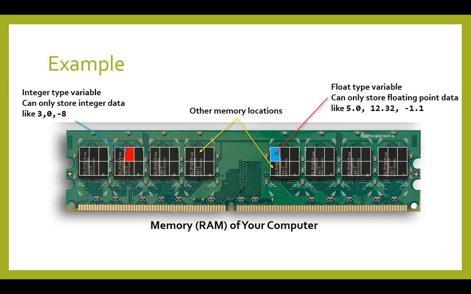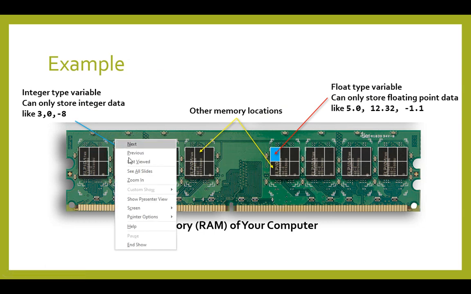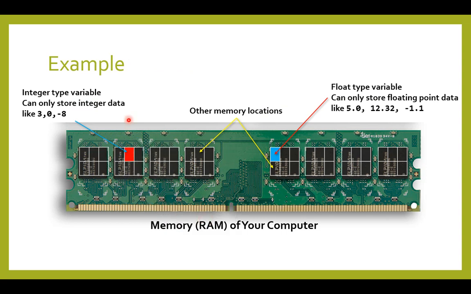Okay, moving on. This is the RAM of your computer. I'll take a pointer. So this is the RAM of your computer. These are the memory chips. Each memory chip holds a set of cells, or locations, where you can save data.